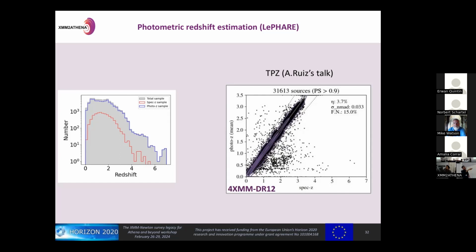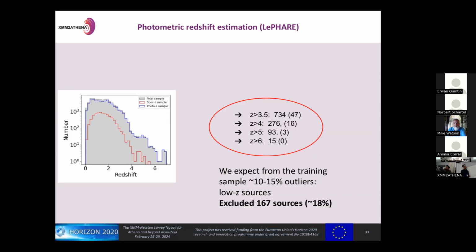And actually, we were able to cross-match the two methods and exclude sources that are contaminating our high redshift sample. And the percentage is 18%, which is very close to what we were expecting to be the false positive high redshift sources. So this is the high redshift sample. Okay, we need to do more work on all of this.